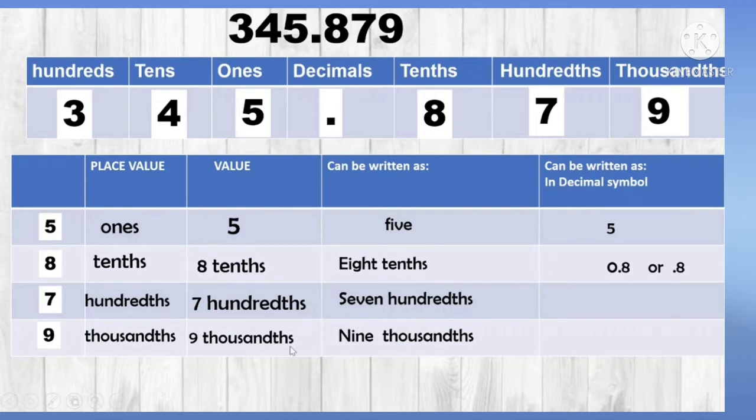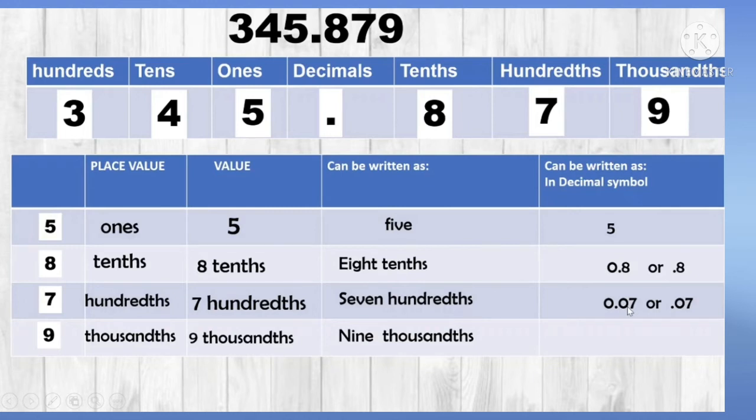How about 7? Yung 7 naman, since nasa hundredths siya, so magiging 0.07. Okay, or 7 hundredths. Diba? Kasi yung 0, nasa tenths yan, then yung 7, nasa hundredths. Kaya pag siya lang yung sinulat mo, ganyan ang kalalabasan, 7 hundredths.